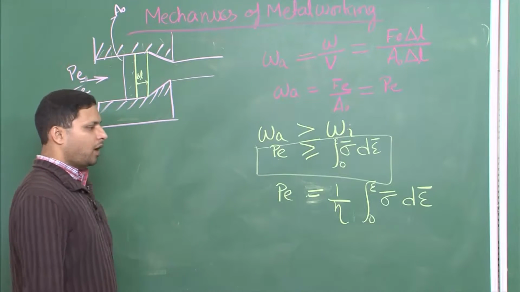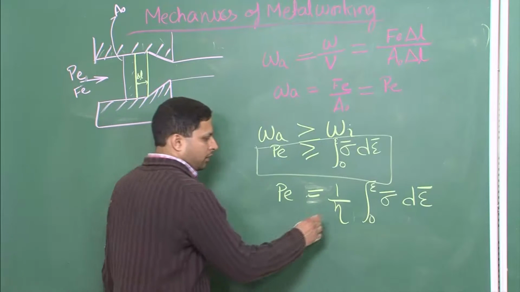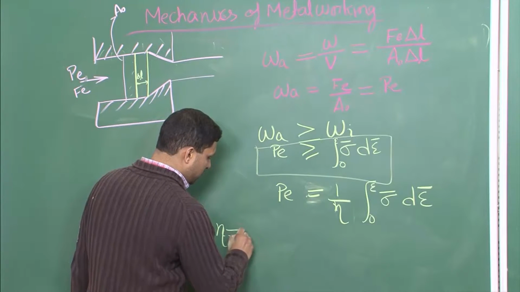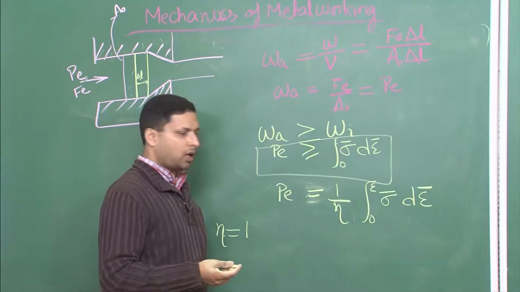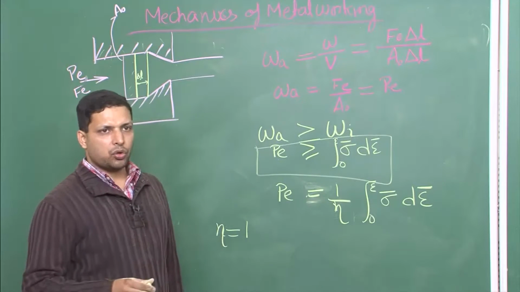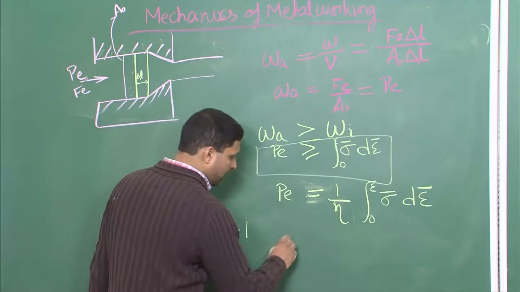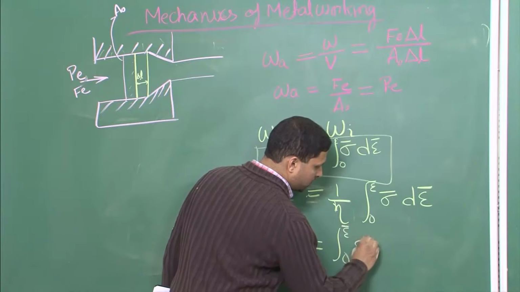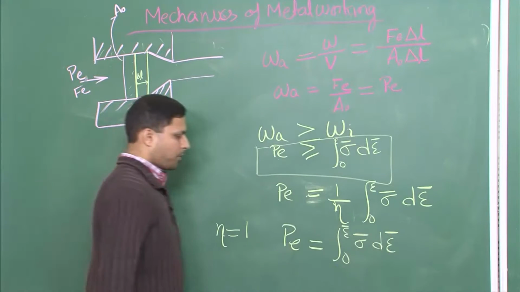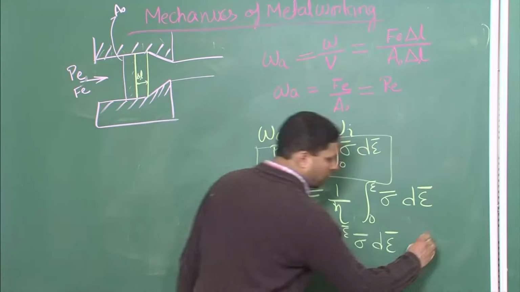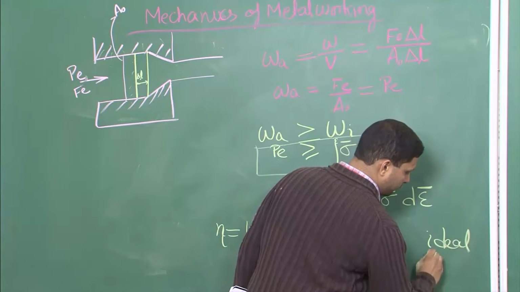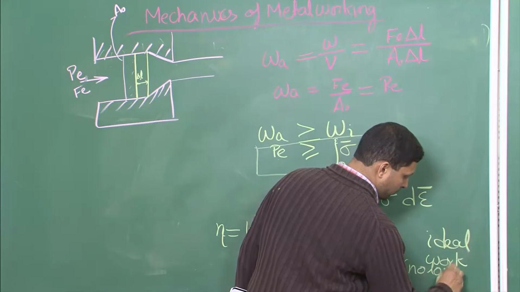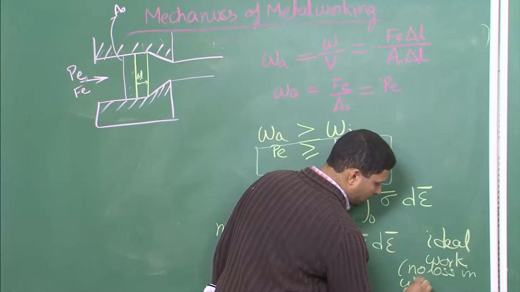So, this is again a very important result. What are the different possibilities? The different possibilities are eta is equal to 1, meaning we are saying that it is ideal work, that is all, there is no redundant work, there is no friction work. In that case, PE is equal to the integral from 0 to epsilon bar of sigma bar d epsilon bar, in case of ideal work, meaning no loss in WR or WF.